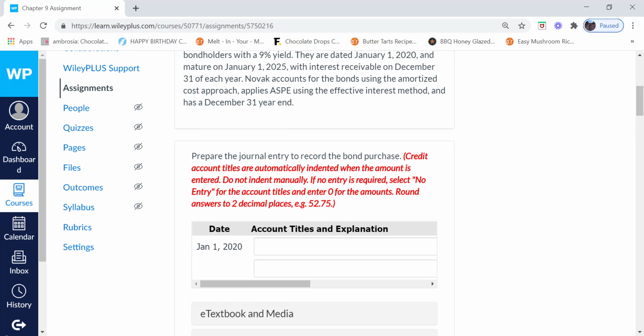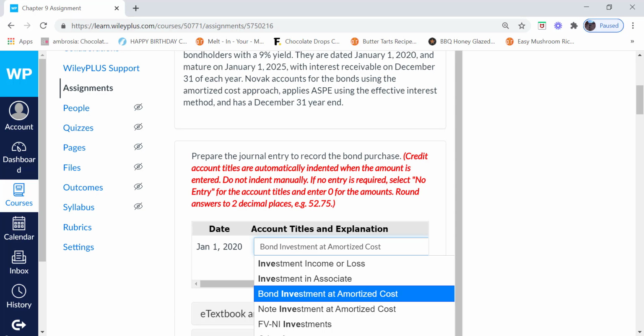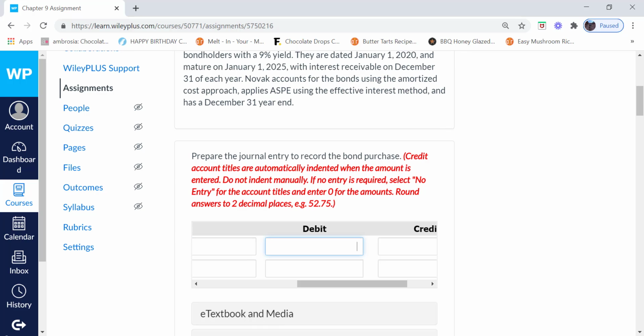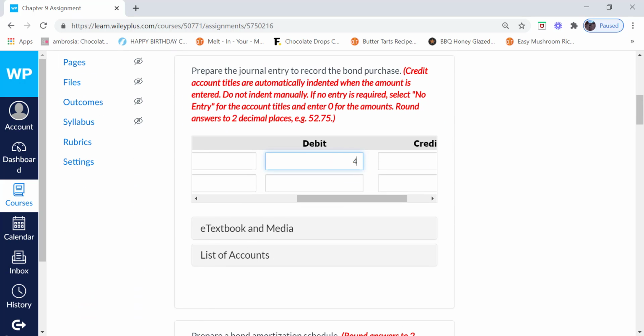the bond amortization. So first of all, the entry to record the bond purchase, that's always the same for all investments. I should have something called investment in bond, I think. Bond investment at amortized cost. And it's just whatever I paid. So 488, 280.65.